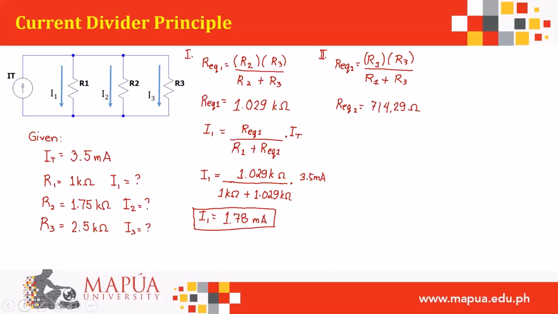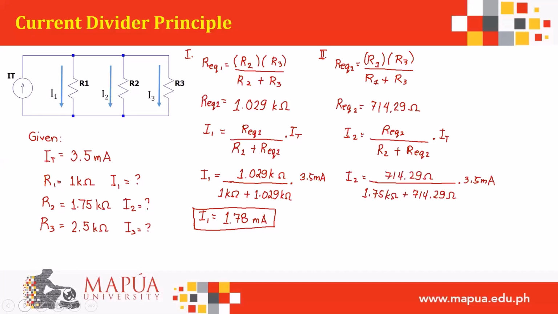That is 714.29 ohms. So substituting, the numerator is 714.29 ohms over 1.75 kilo ohms plus 714.29 ohms, multiplied by the total current 3.5 milliamperes. And that's 1.01 milliamps. That's for I sub 2.